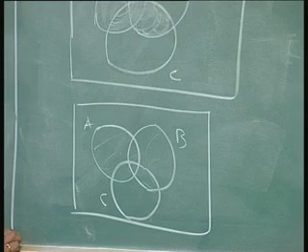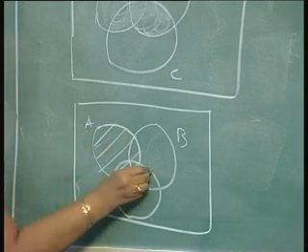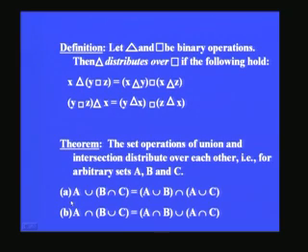Now, the intersection of that will be this. So, you can easily see that A union (B intersection C) is equal to (A union B) intersection (A union C). And similarly, you can also prove that A intersection (B union C) is equal to (A intersection B) union (A intersection C). It is a similar way you can prove.